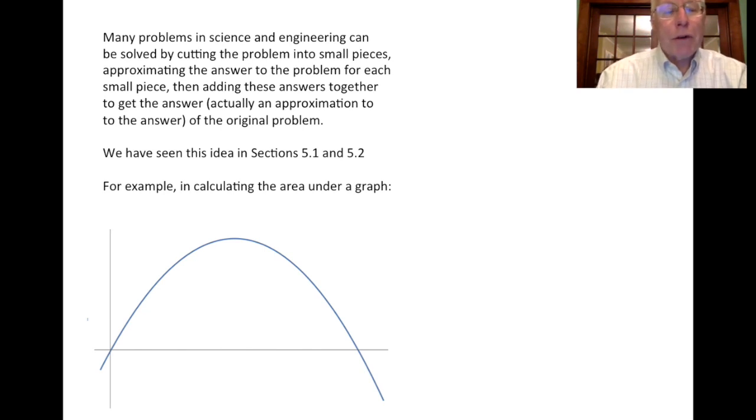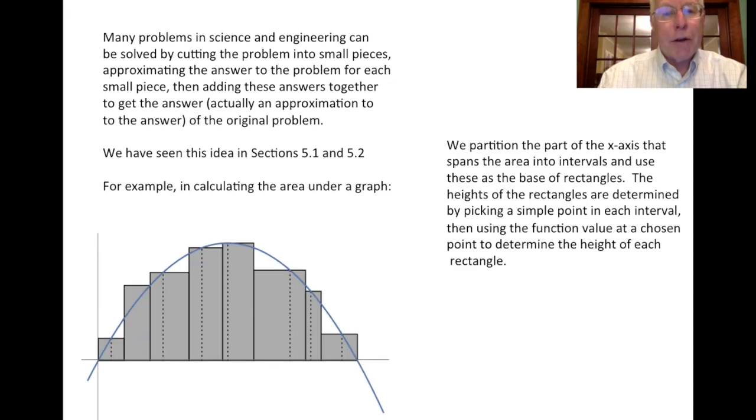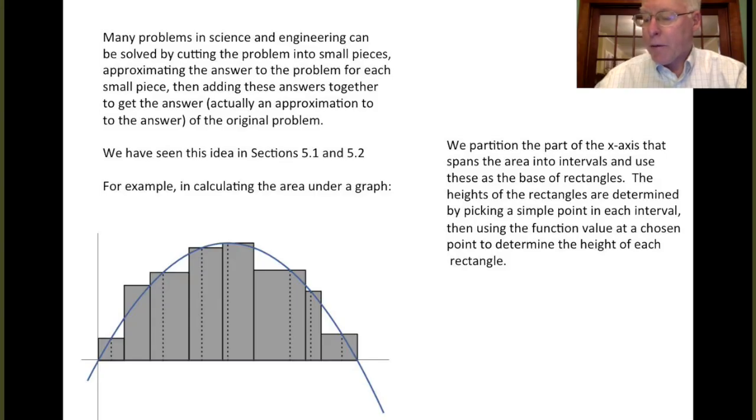So one example, of course, as mentioned, is the calculation of area under the graph. We've seen several examples of this sort of thing. And here's the kind of figure we see when we do this. We partition part of the x-axis that spans the area into intervals, and then use these intervals as the basis of rectangles. We determine the heights of these rectangles by finding a point in each interval.